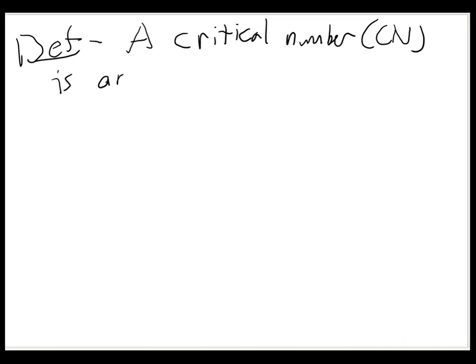So a critical number, or I'll abbreviate CN, is an x value such that, if we call it c, f prime of c is 0 or undefined.